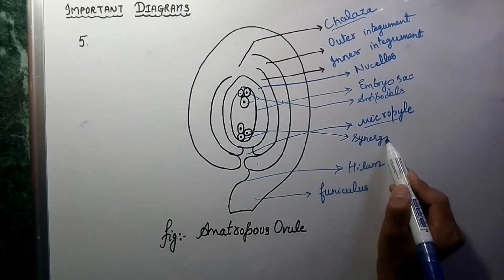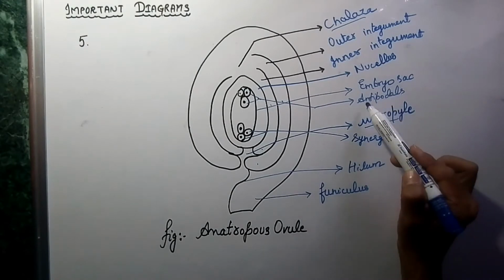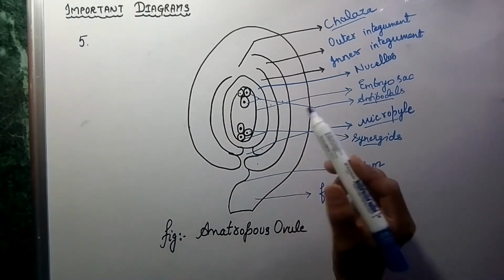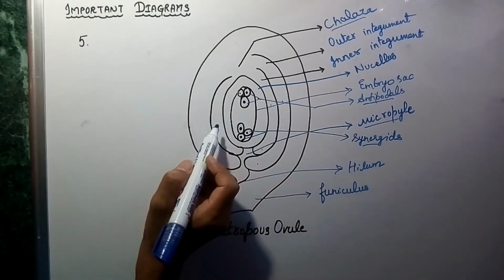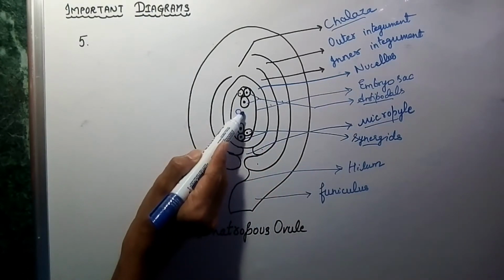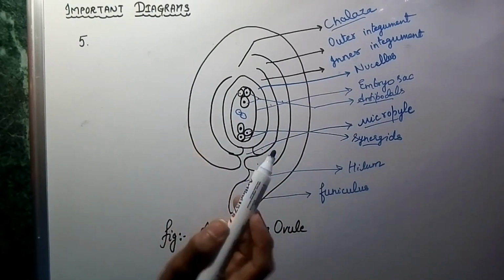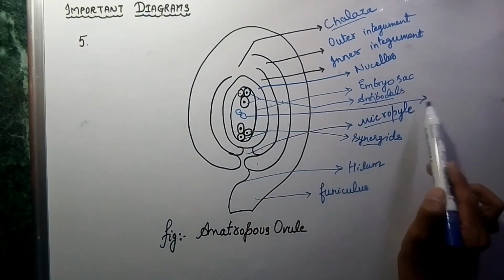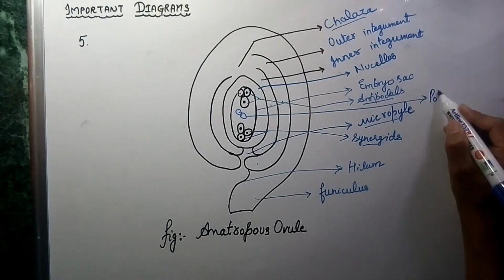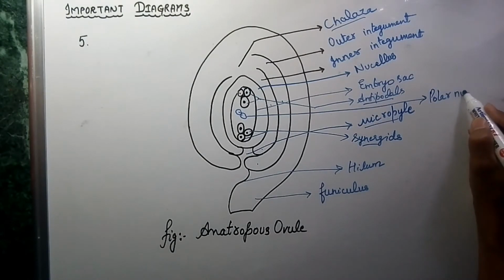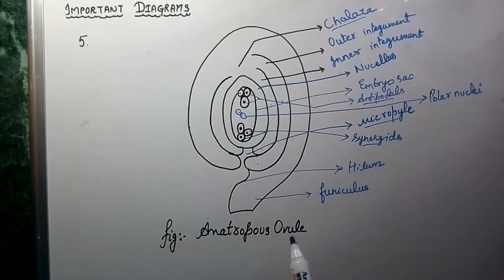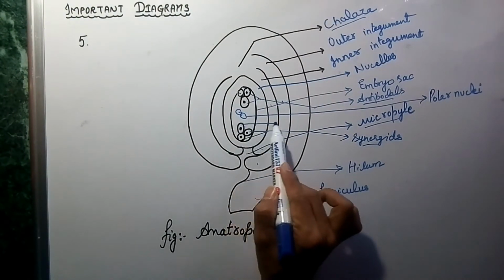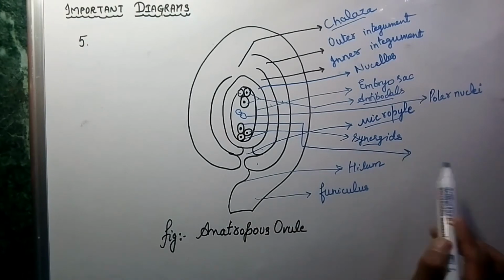Between the antipodals and synergids, there are two polar nuclei. So these two cells are the polar nuclei of this embryo sac. Now this is our female gamete.